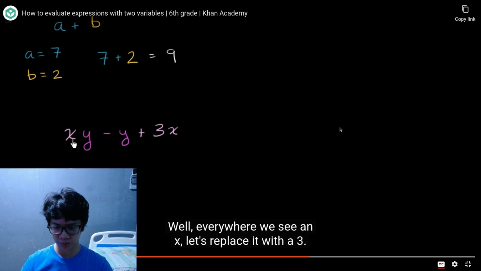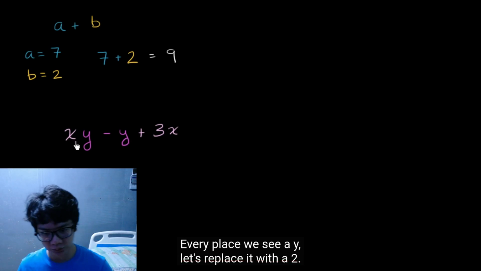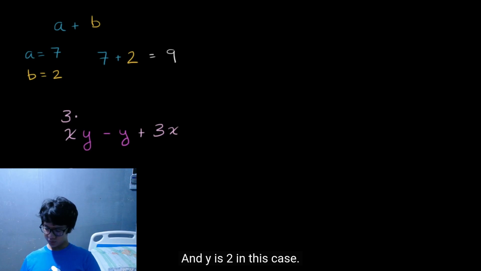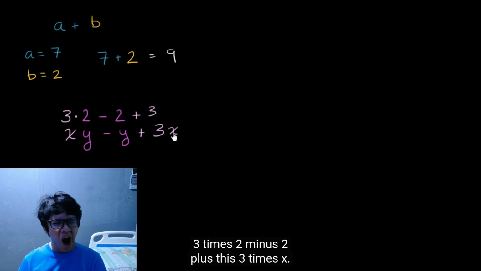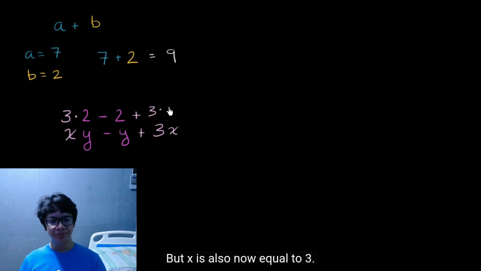Well, everywhere we see an x, let's replace it with a 3. Every place we see a y, let's replace it with a 2. So this is going to be equal to 3 times y, and y is 2 in this case, 3 times 2, minus 2, plus this 3 times x, but x is also now equal to 3.